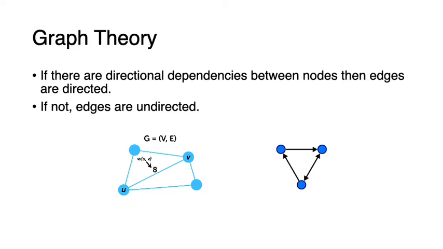So here it's called undirected. And on the right side we can see the nodes are directionally dependent on the edges. We can see the edges are directed from one node to another, and so we can call this graph a directed graph.